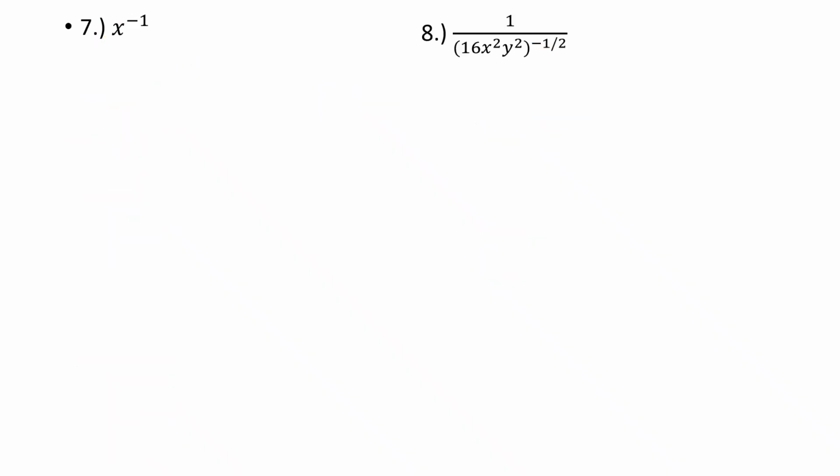This one is hopefully not super difficult. So we've got x to the -1, and we can rewrite that as 1 over x to the first power, which of course is just 1 over x. It wasn't intended to be super tricky, but it is intended to point out that one of the main uses of negative exponents is to get rid of fractions.